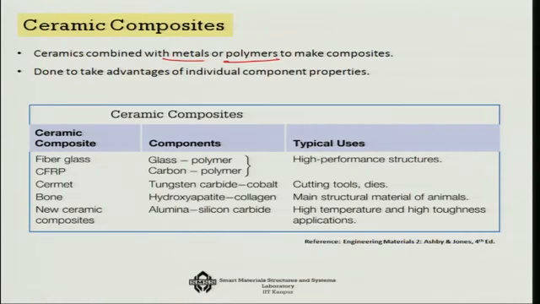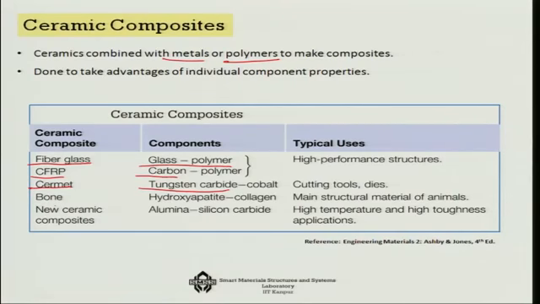In ceramic composites, fiberglass is one of the important things, which is a composite of glass and polymer used for high performance structures. CFRP has carbon as a reinforcement in the polymer. Cermet: tungsten carbide is used with cobalt, and that is used in cutting tools.